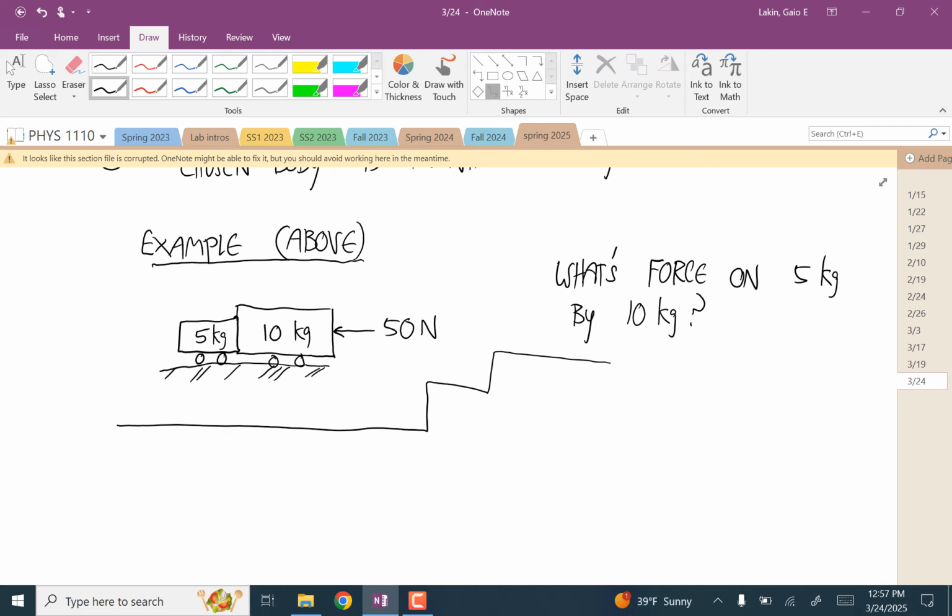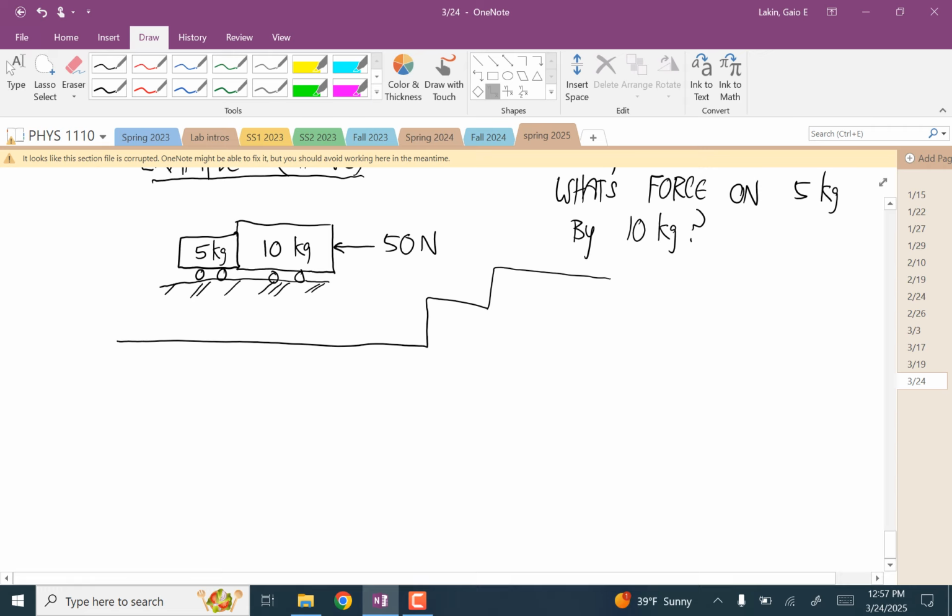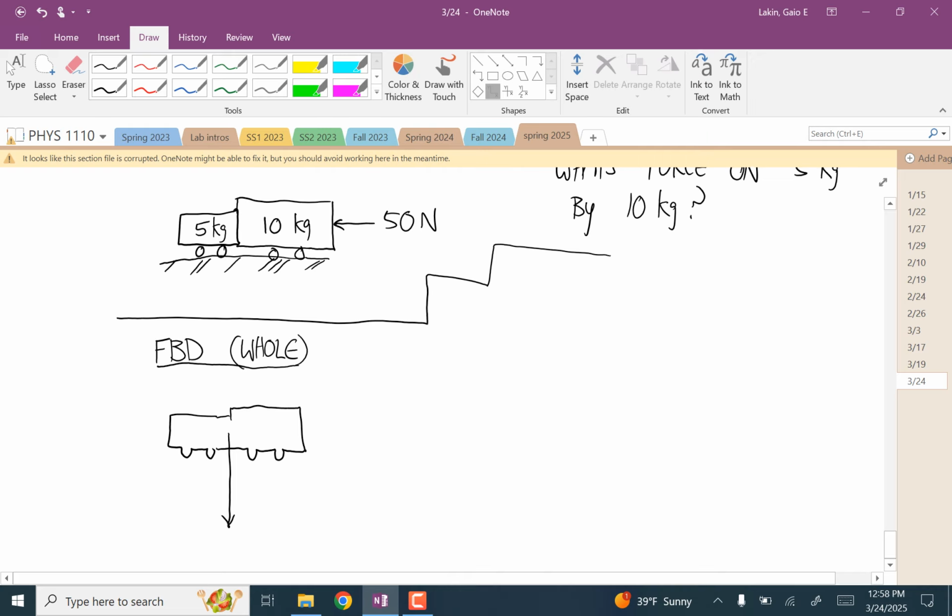Well, the first step is we're going to isolate the whole system as a single thing. So the outline of the free body looks something like this. There's a weight force acting down that's equal to the entire mass times 9.81.